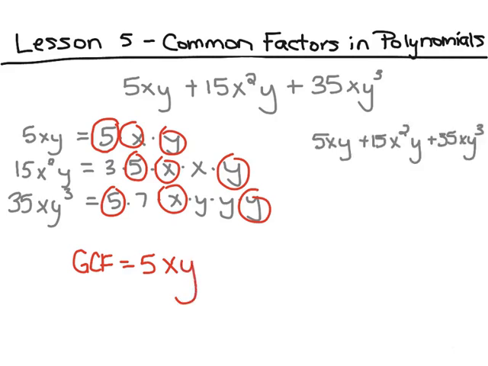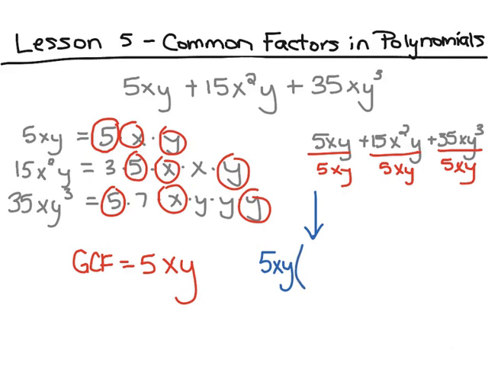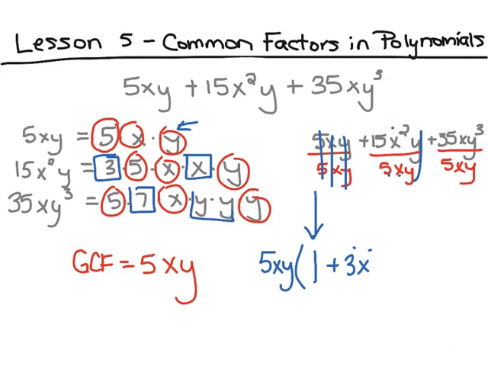So we're going to take our polynomial and divide everything by 5xy. So 5xy comes out in front, and inside the brackets these all cancel, so anything divided by itself is 1, and you can also see if there's nothing left over, you will be left with 1. 15x squared y divided by 5xy is 3 and an x, and of course you can see that by 15 divided by 5 is 3, x squared divided by x is x, and the y's will cancel. 35xy cubed divided by 5xy, you'll be left with a 7y squared.